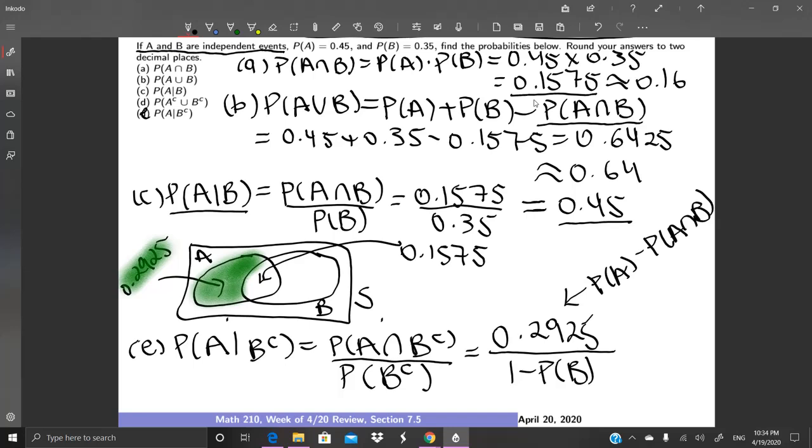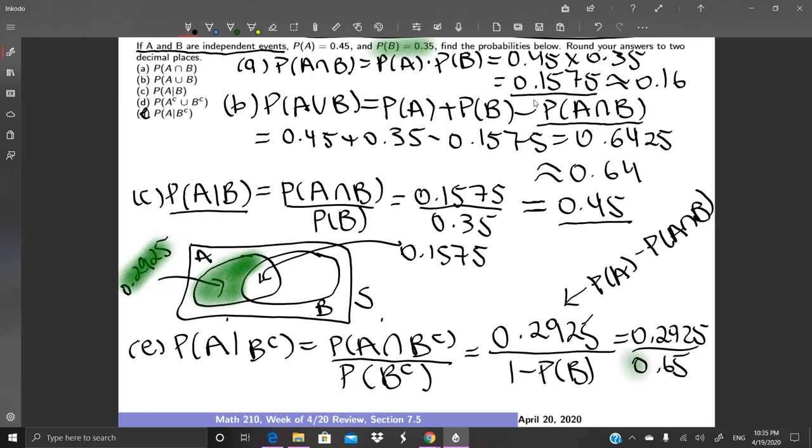Okay, so finally this is equal to, you have 0.2925 at the top. 1 minus the probability of B is 1 minus 0.35. That's given up here. That's the probability of B. Alright, so then that's equal to 0.65.